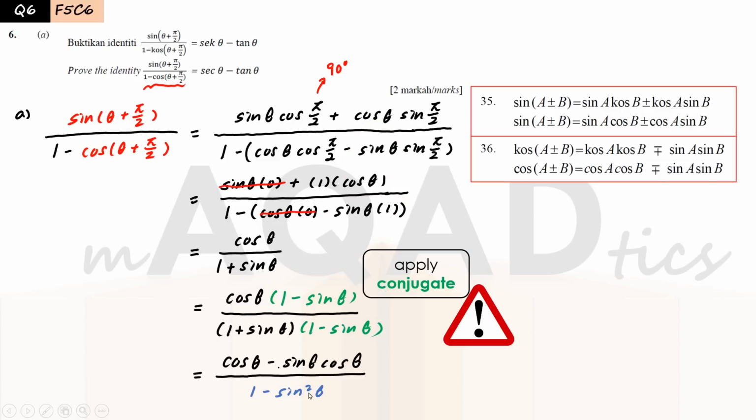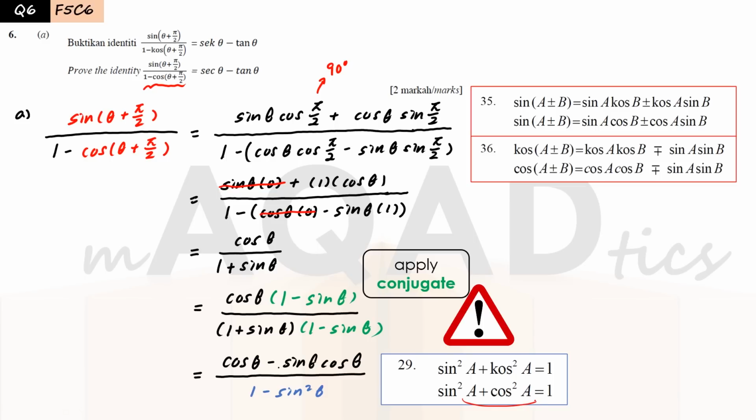So what we are going to do is we are going to find the formulas that has 1 and sine square theta, which is this one. Okay, so if we move this sine square theta to the other side, let me change the A to theta, because now we're using theta. So now we have left with cos square theta. So this part would be just cos square theta.